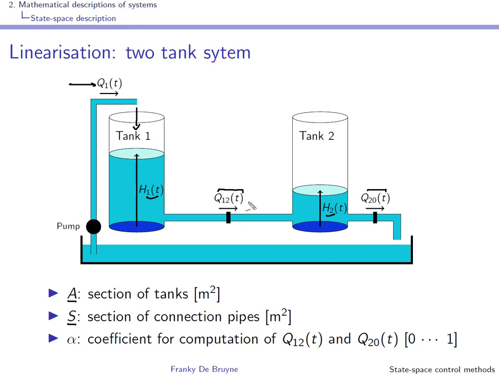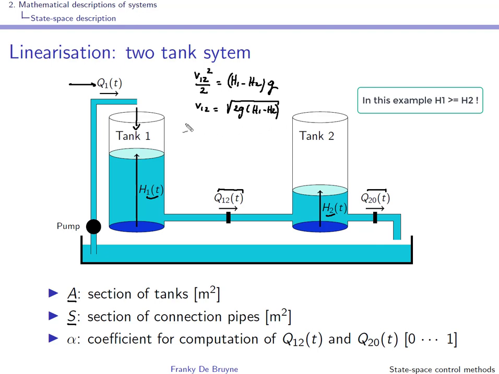Of course we would like to know Q12 and Q20, and from Bernoulli, let's do it for this example here, we see that V12 squared divided by 2 is equal to H1 minus H2 times G. So this means that V12 is the square root of 2G times H1 minus H2.